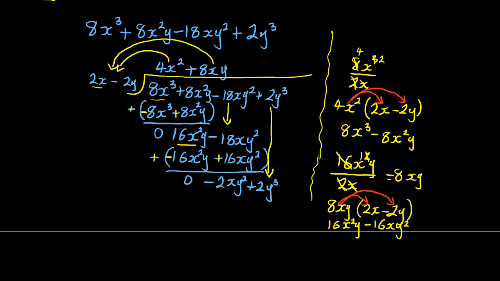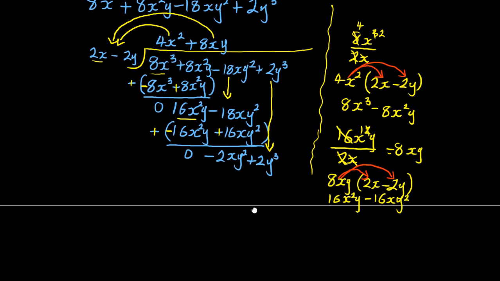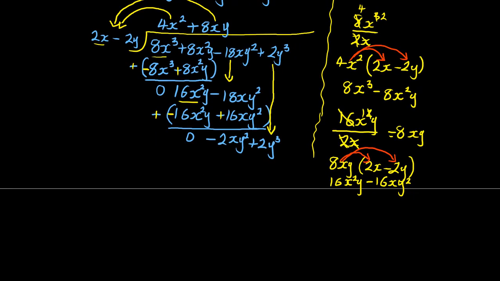The process repeats again. In this case, if I can again create my working side, what are you having? You are having negative 2xy squared.